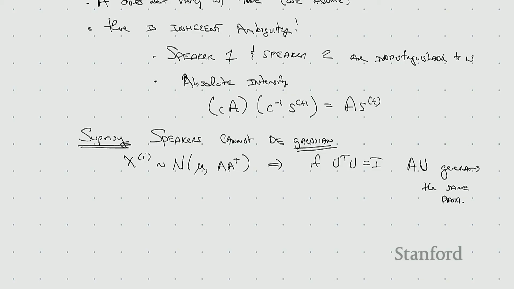And so at that point, you may think, gosh, there's no way we're going to be able to do this. We have all these symmetries around the speaker, and we can rotate the intensities in any way we want. What are we going to be able to do? And it turns out you can recover something here. And weirdly enough, as long as the distribution, roughly speaking, is not Gaussian and is not rotationally invariant, you can recover it.